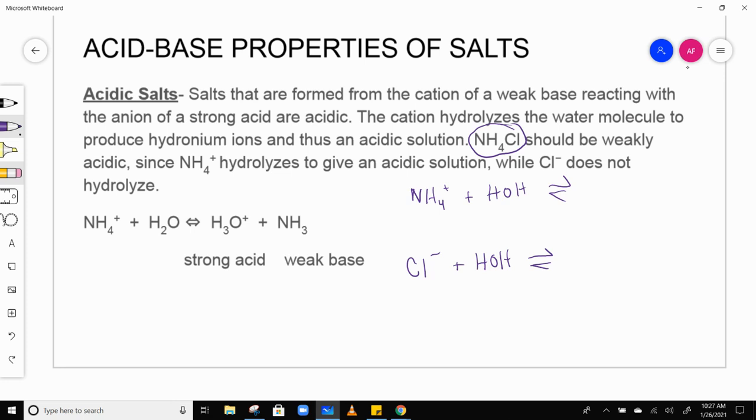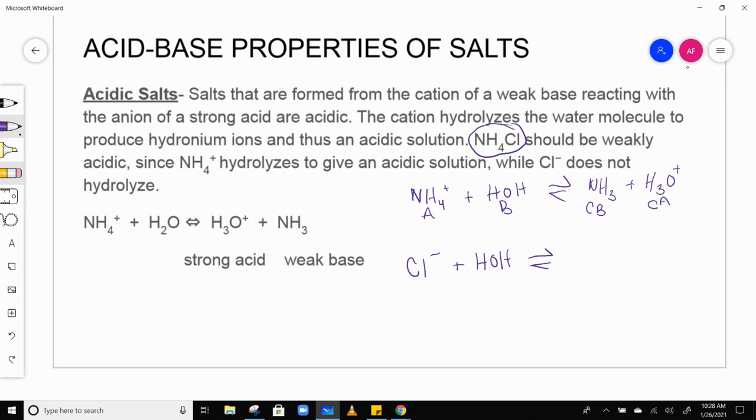Anyway, so NH4 plus, HOH, Cl minus, HOH. So NH4 plus, a little bit tricky here, right? This one is actually going to give up its H plus here, and we're going to get NH3 plus H3O plus. That one's a little bit tricky. So this one acted as the acid, this as the base, this is the conjugate base and conjugate acid.